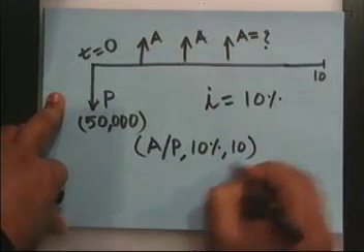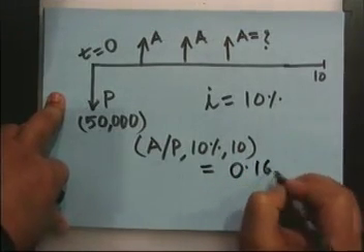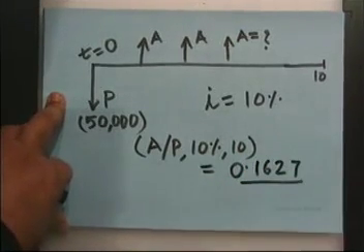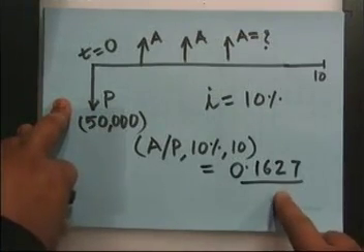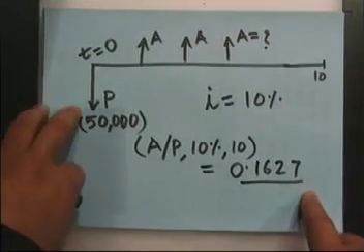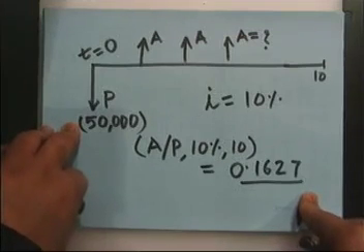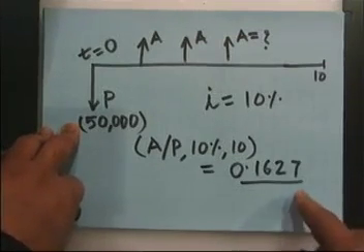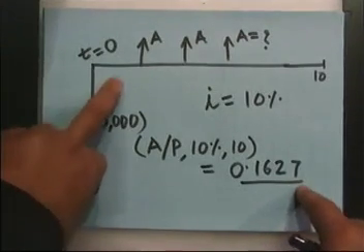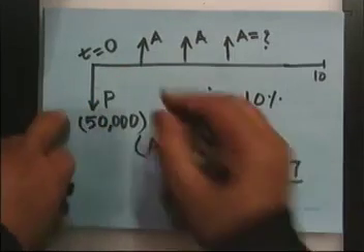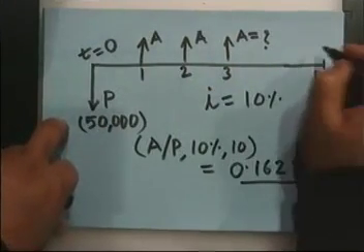Now, if you see the table, you will find a value of 0.1627. This factor 0.1627 means that if I am paying rupee 1 at time t is equal to 0, it is as good as paying 0.1627 rupee every year from now onwards up to year 10.